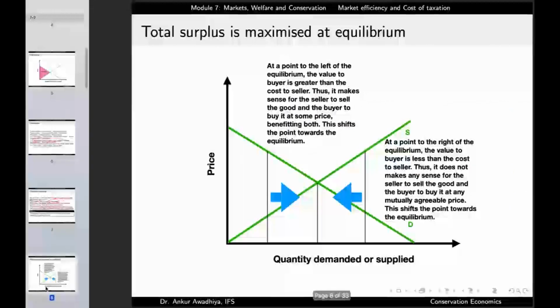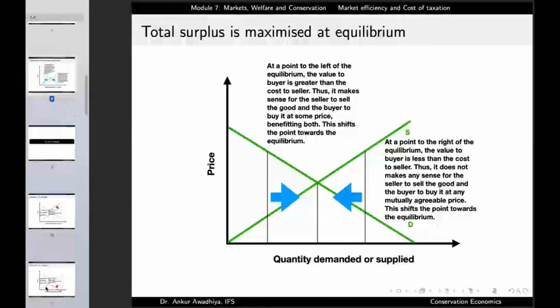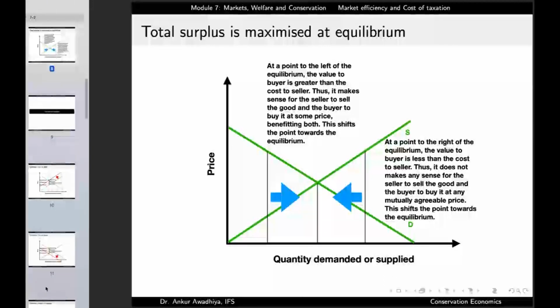Now, in the case of a normal market equilibrium, the total surplus is maximized at the equilibrium. Now, why is that so? Here we have the demand curve and the supply curve, and this is the equilibrium point. At the equilibrium point, this is the price that the market will charge for this good, and this is the equilibrium quantity that is demanded or supplied.